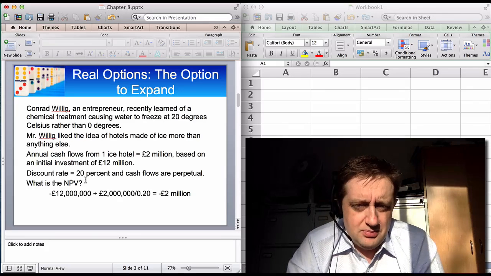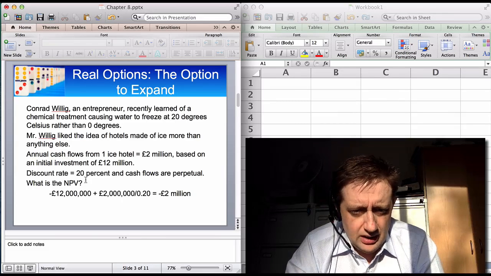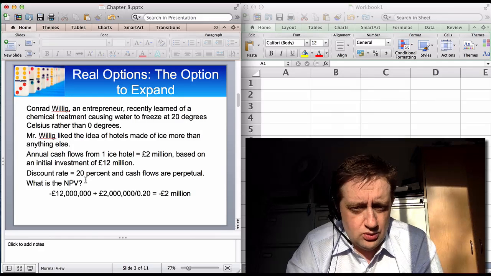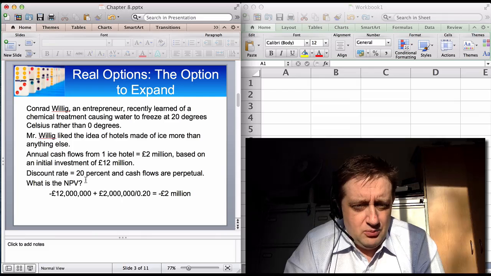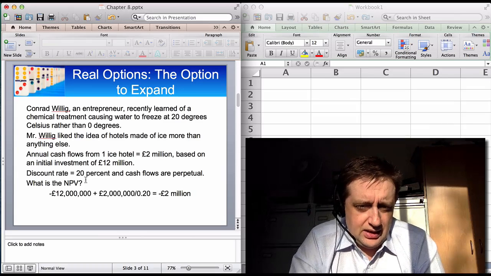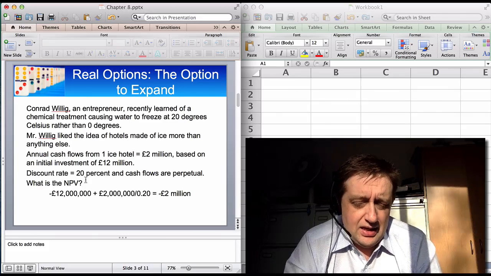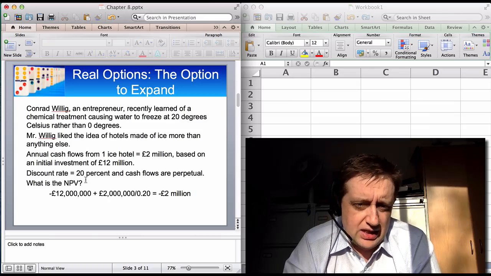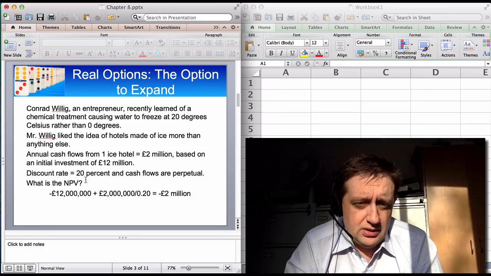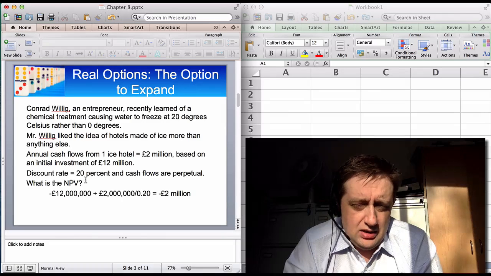That negative NPV would then suggest that we don't go forward with the project. However, the entrepreneur has a decision. If the project is successful, then the entrepreneur can expand.